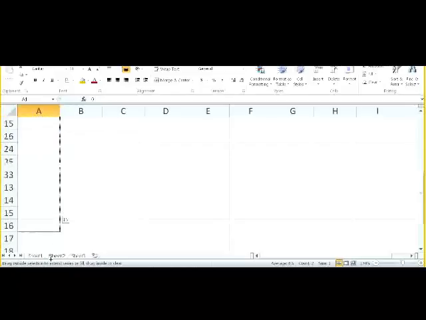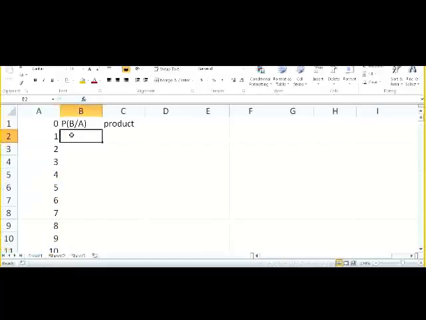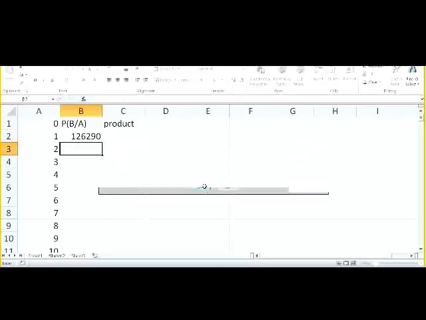So these are how many people are in my class, and at each step I'm going to start with 365 minus this number, and divide by 365.